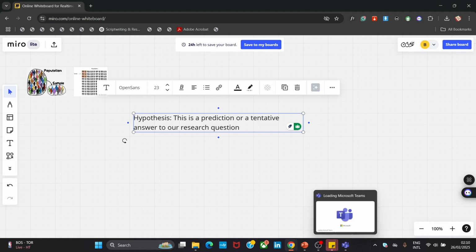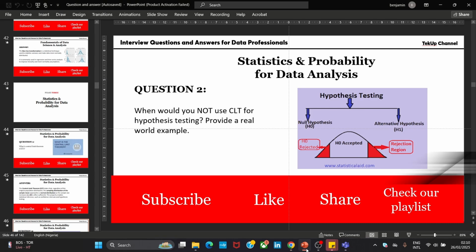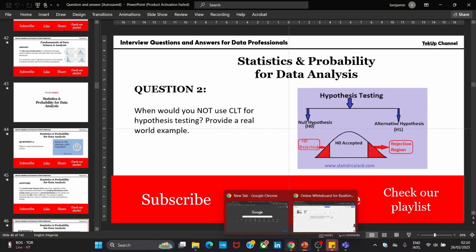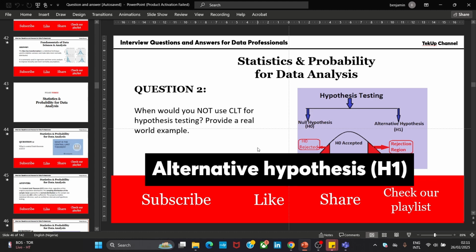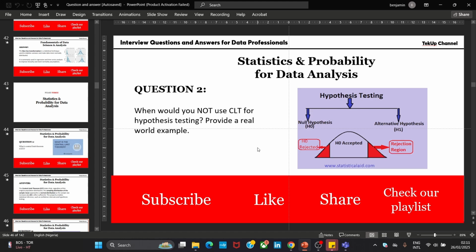Now, in statistics, we actually have two major types of hypothesis. Number one, we have the null hypothesis, which is also represented as H0. The null hypothesis is a statement that there is no significant relationship between variables. The second type is the alternative hypothesis, which is represented with H1.